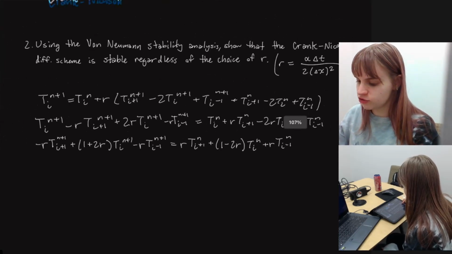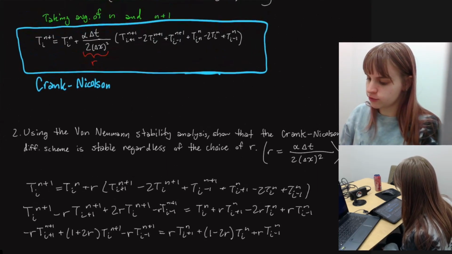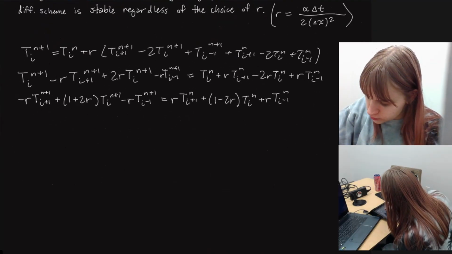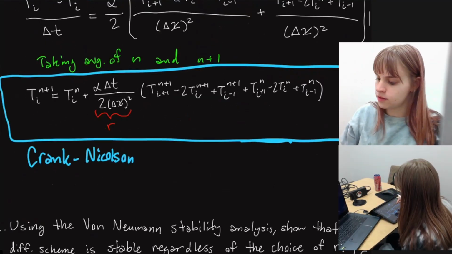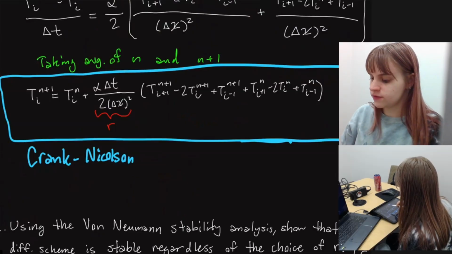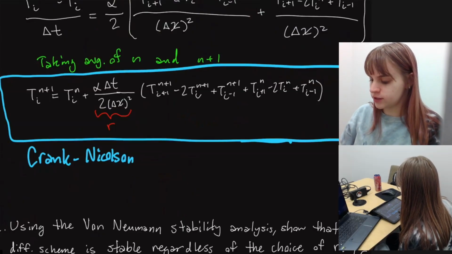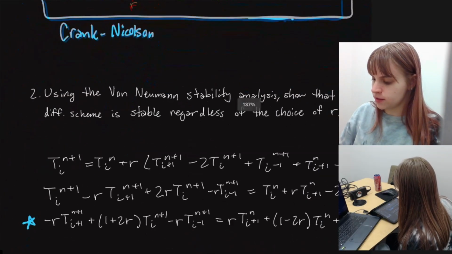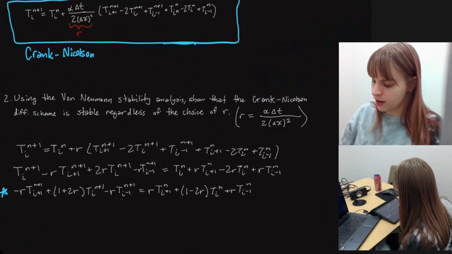So I quickly tried to simplify what I circled in blue up there, and it is now here. I just replaced the thermal diffusivity, delta times delta t over 2 times delta x squared, with r, so now r is in there.